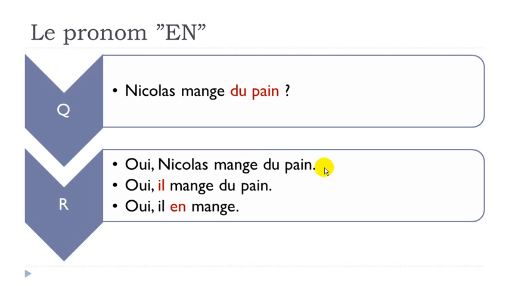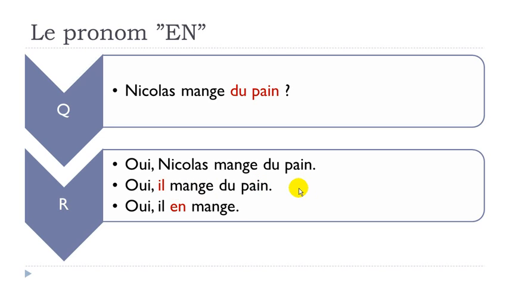Normally, that's not the way we will do, because we tend to replace things with pronouns when it's possible. Okay, so the first option would be to replace Nicolas in that case. You don't want to repeat Nicolas, so you can say oui, il, he, instead of Nicolas because it's masculine, mange du pain.